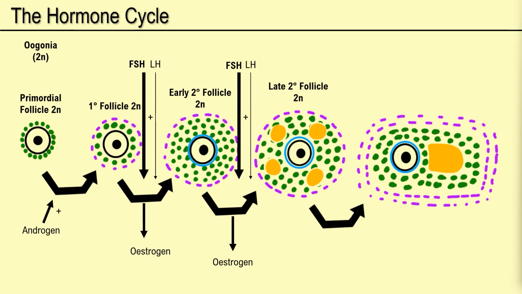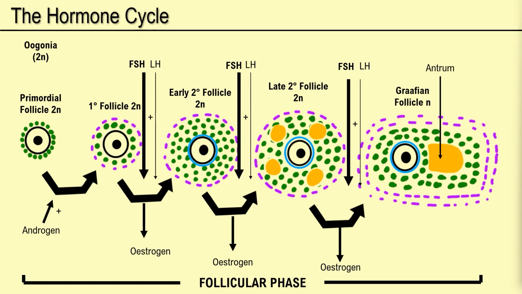On this late secondary follicle, we can see that we have developed little pockets of fluid in the cuboidal epithelial layer. This is called follicular fluid. As the late secondary follicle receives more FSH and a little LH, it in turn kicks out some estrogen as it differentiates into a Graafian follicle.